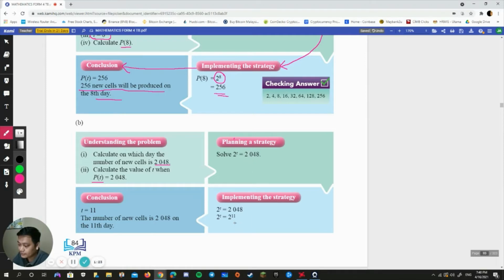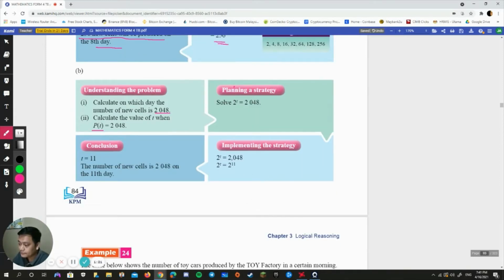You will get 2 to the power of t equal to 2 to the power of 11. 2 to the power of 11 is equal to 2048. So that means the value of t is 11. And that means we can make a conclusion that the number of new cells is 2048 on the 11th day.